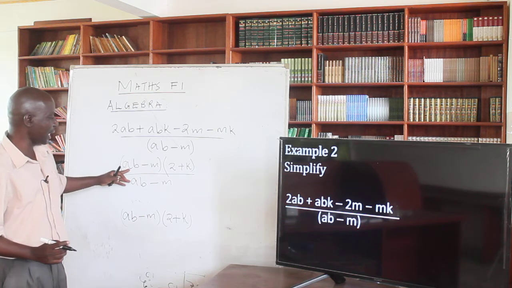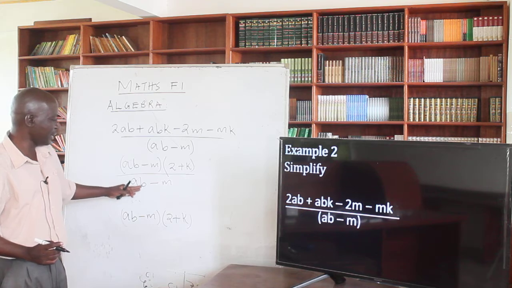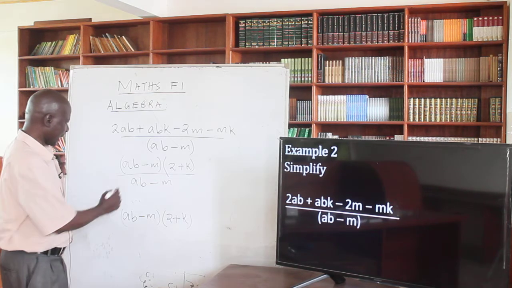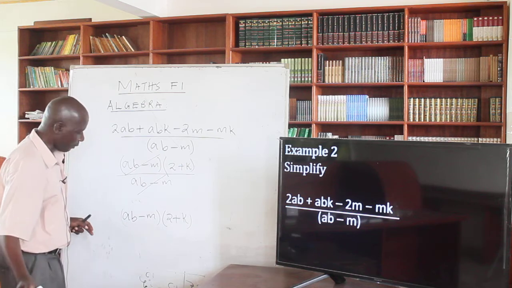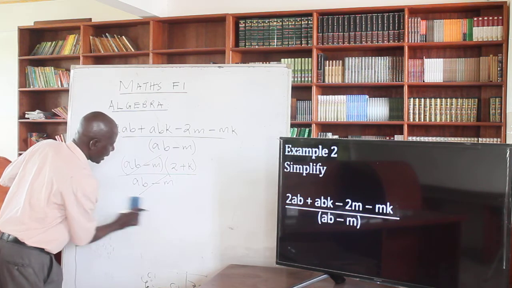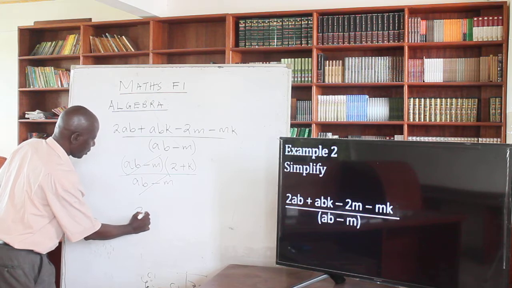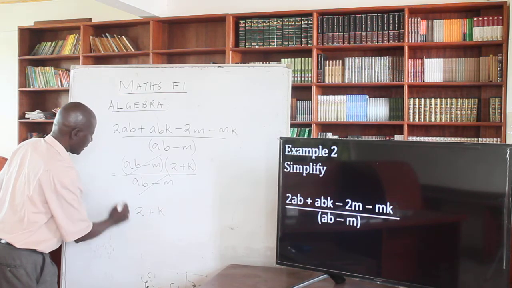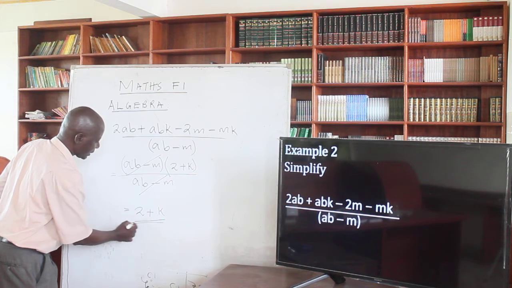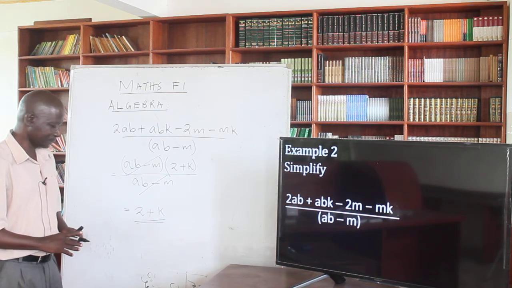We can see that AB minus M resembles AB minus M in the denominator. So we can cancel this and that. And therefore, what do we end up with? We end up with 2 plus K. And this is the final simplified form of that particular fraction.